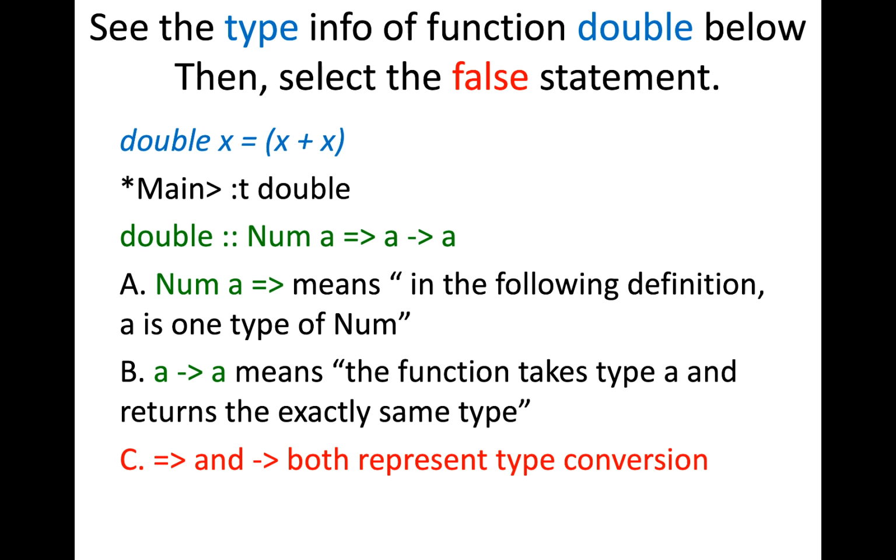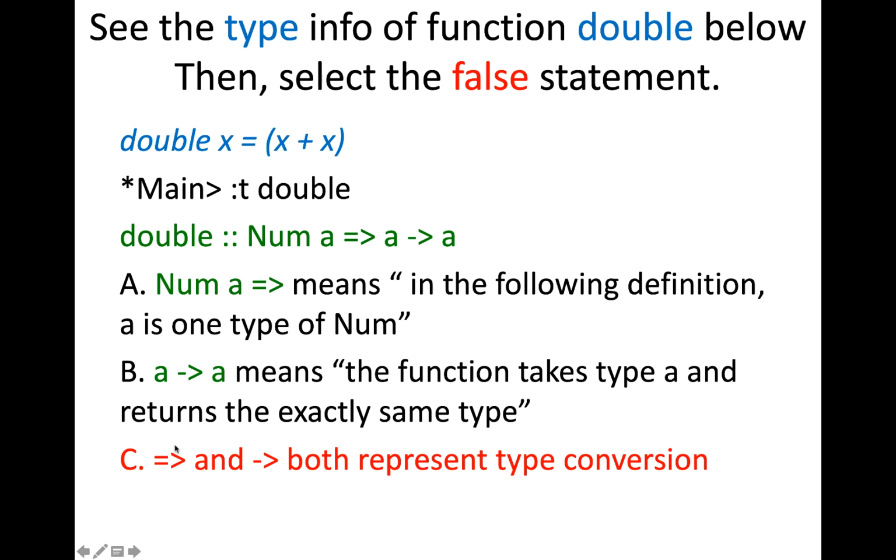And now if you understood how to interpret, you should be able to say which of these three statements A, B, C is false. First one, Num a, that just means in the following definition a is one type of Num. That sounds correct. B focuses on this part, and this means the function takes type a and returns exactly the same type.